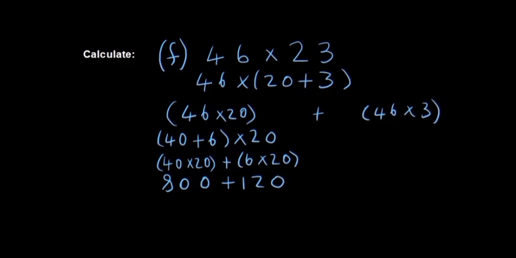Then now all we have to do is to do the same thing on the right hand side. So first we're going to cut the 46 to 40 plus 6. Then we'll distribute the 3 inside the bracket.